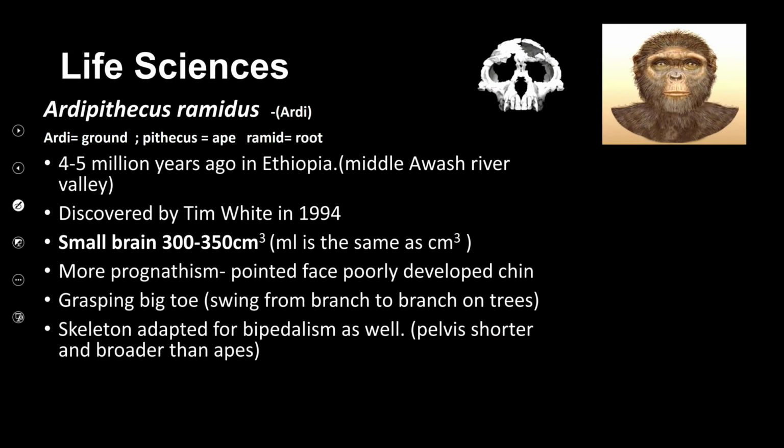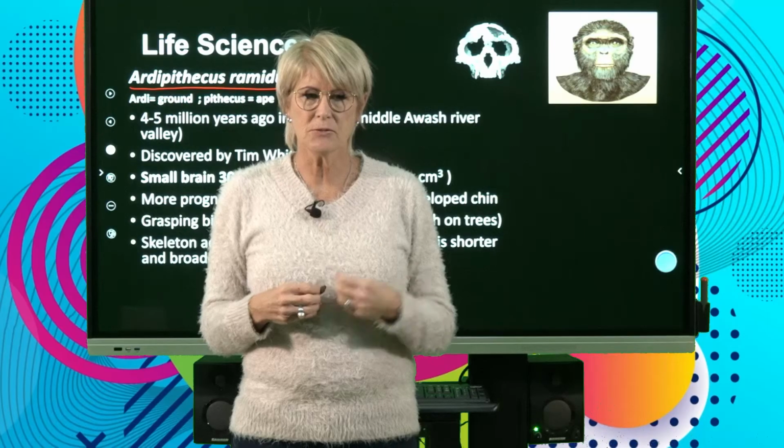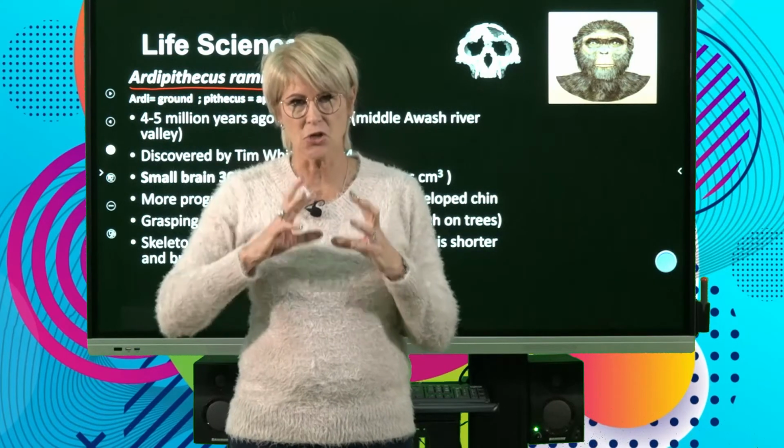The first species that we need to look at is called Ardipithecus ramidus. You need to know the names of all of these, but for some there's more detail, and on some of the slides there's a star that's been placed.